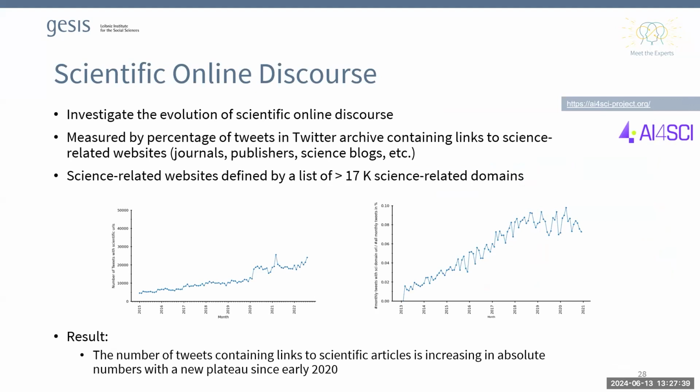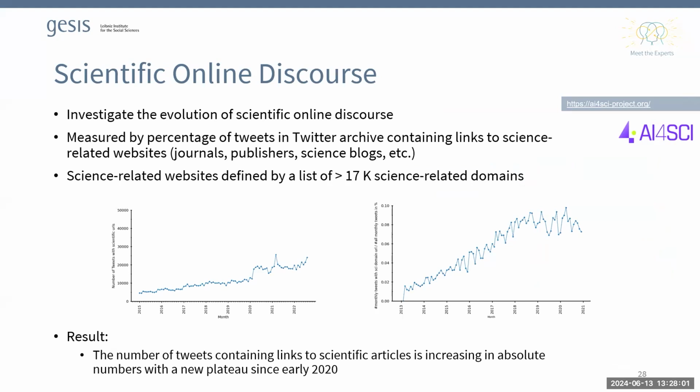Another example that comes from my research is investigating the evolution of scientific online discourse, here measured by the percentage of tweets in our archive that contain links to science-related websites like journals, science blogs, publishers, and so on.